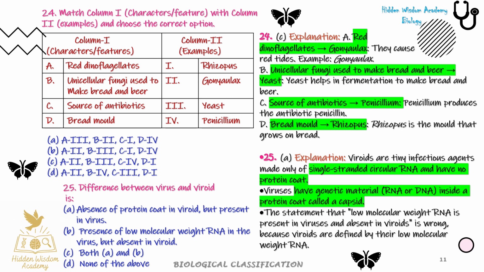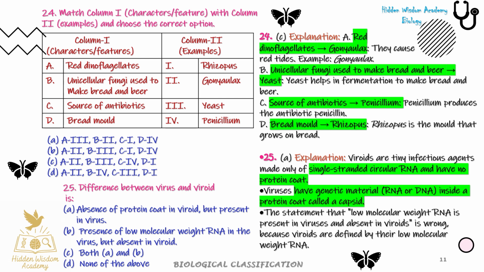Yeast. 4. Penicillium. Option A. A3, B2, C1, D4. Option B. A2, B3, C1, D4. Option C. A2, B3, C4, D1. Option D. A2, B4, C3, D1.